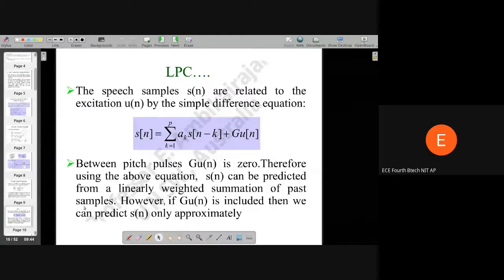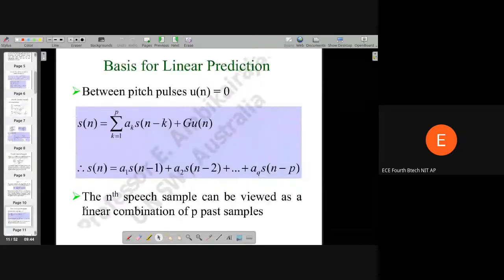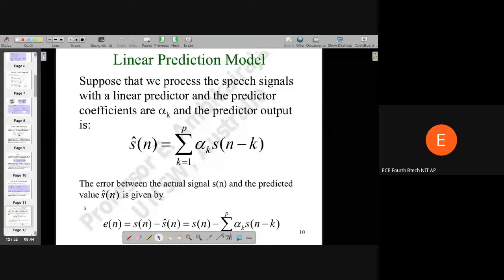But regardless, the main point is we can represent a speech signal in terms of its previous samples, and then we went ahead with determining those values, those weights of the previous samples, based on which the current speech sample can be estimated.